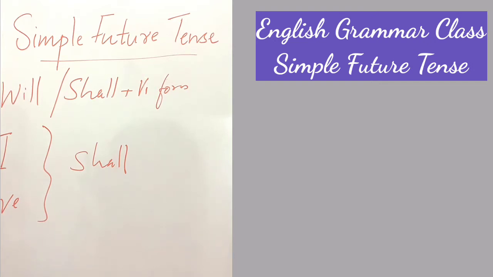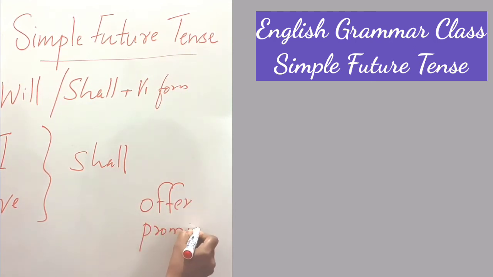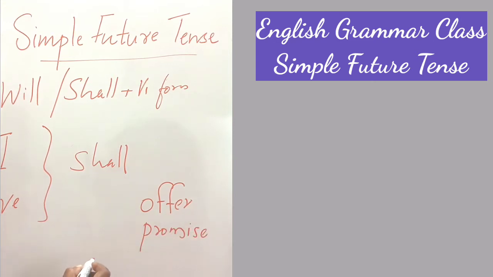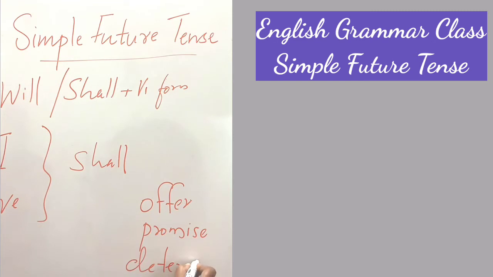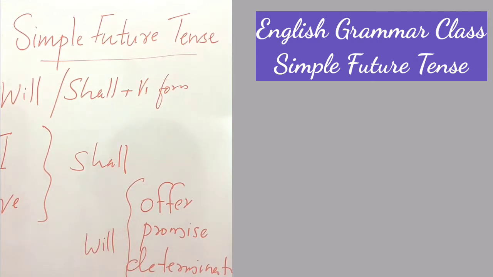We can check which are these reasons: an offer, then a promise, then determination. Here we use will with I and we. We can check some examples.